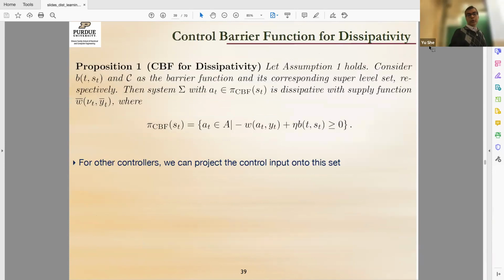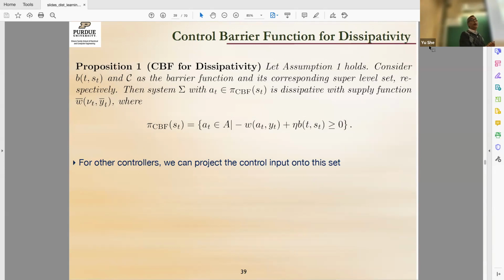And so I can use a control barrier function based approach to say that my control is chosen from the set such that this condition is satisfied at every time step, right? So I'm standing here and I say my next control input should be such that whatever energy has been supplied so far minus the energy that is being supplied is greater than or equal to 0, and I can show that my system will be dissipative.